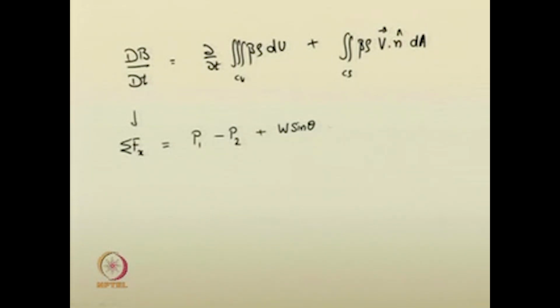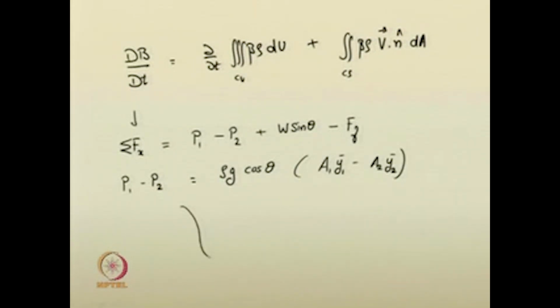aiding the flow, then the frictional forces. These things we have suggested. We have also seen that the component P 1 minus P 2 was derived in the last class. It is rho g cos theta into A 1 y 1 bar minus A 2 y 2 bar, for any cross section.